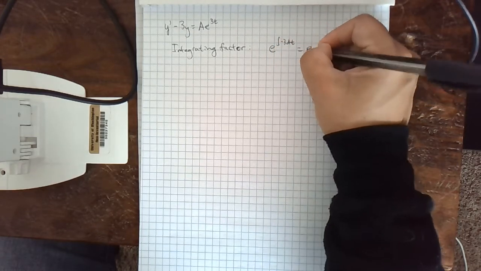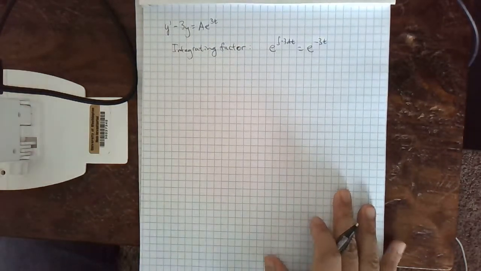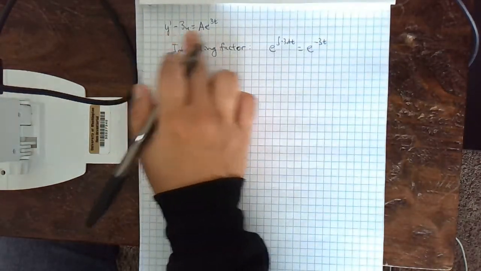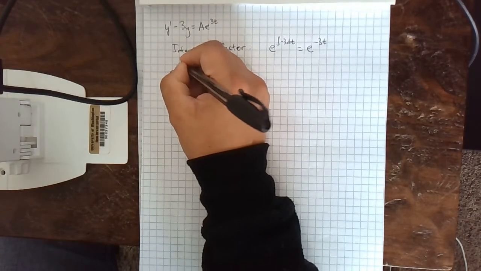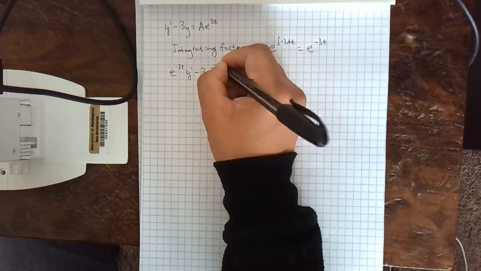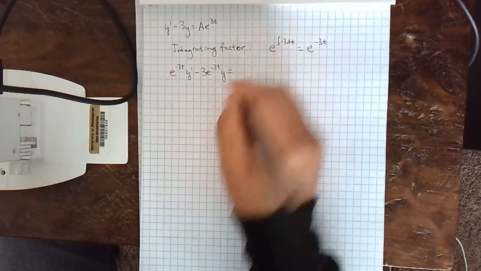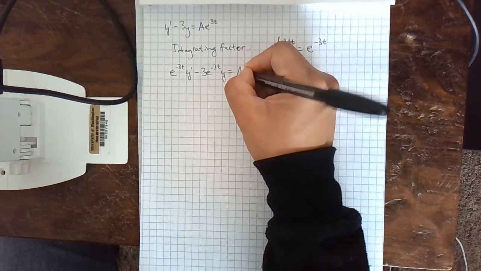And we can take any antiderivative, so we don't need to worry about constants, e to the negative 3t. So I'm going to multiply both sides of this by e to the negative 3t. It may have been a minute since we've done this. So y prime times e to the negative 3t, minus 3e to the negative 3t y equals, and then e to the positive 3t times e to the negative 3t is just 1. So this is a.